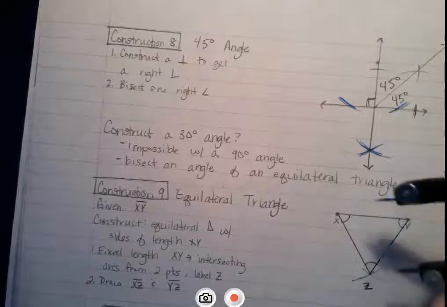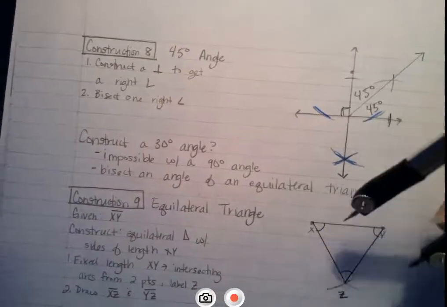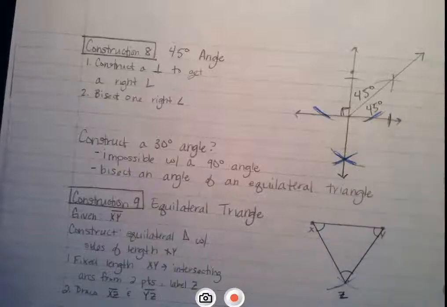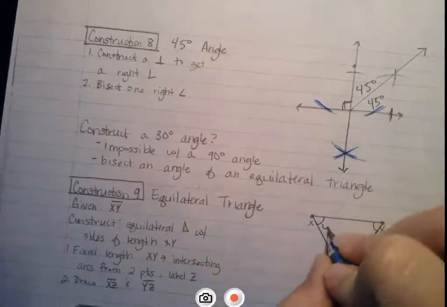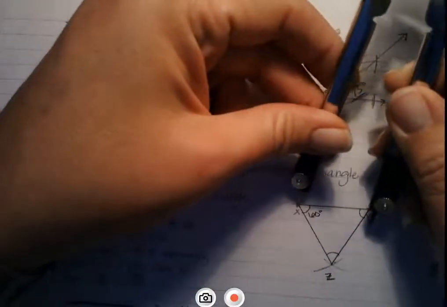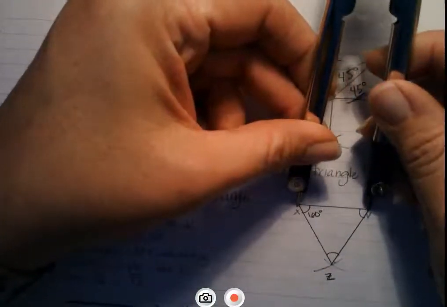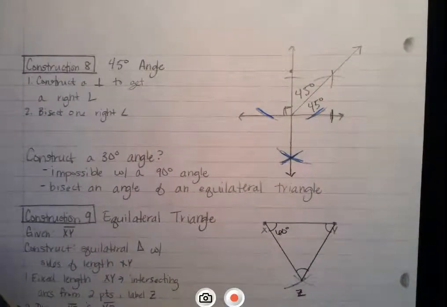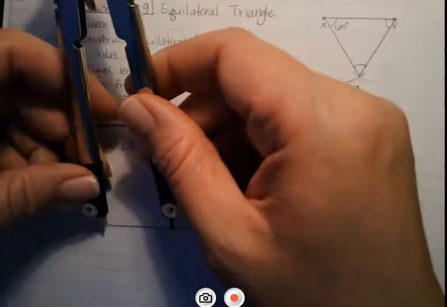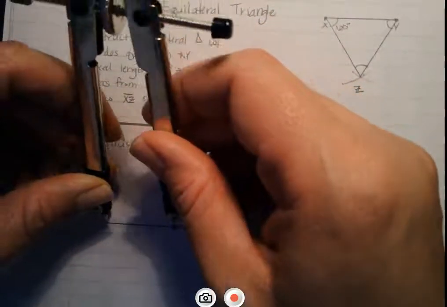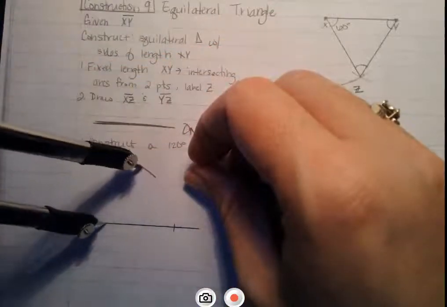We're going to use the triangle because we have these 60-degree angles in here, and we know 60 plus 60 is 120. So if I measure that distance, okay, got my distance, I can put that on the point here and make an arc. And then I have to come up here somewhere and make another arc to get my 60 degrees.